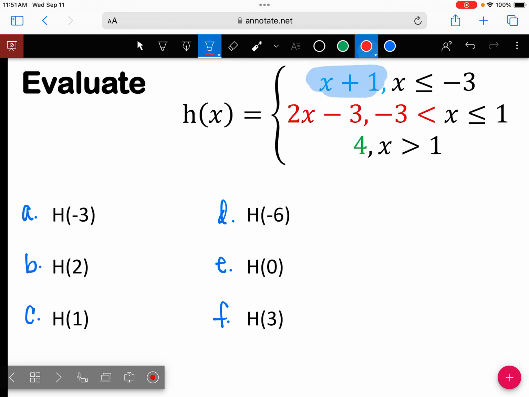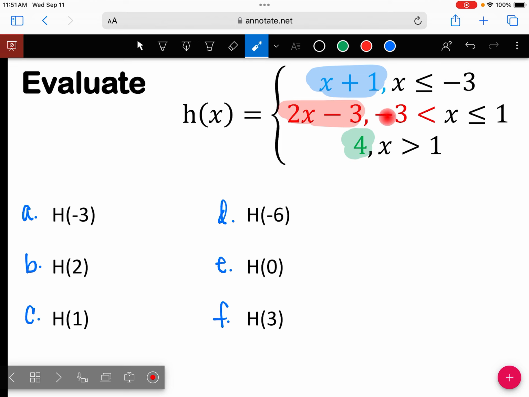So we got our blue equation, we got this equation, and we got this equation. So for part A, what equation do you think we're going to substitute -3 in? The blue, the pink, or the green? The blue, right? Because this one said that it can equal -3.